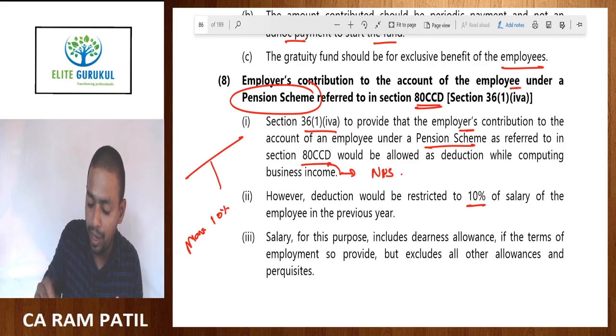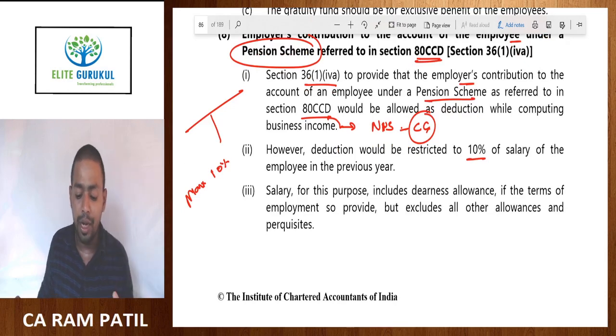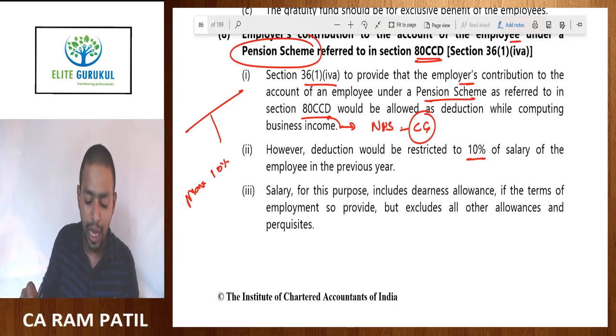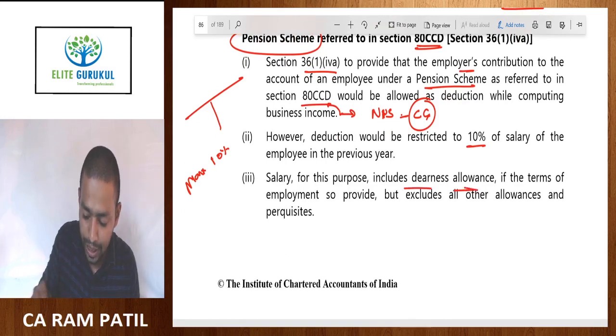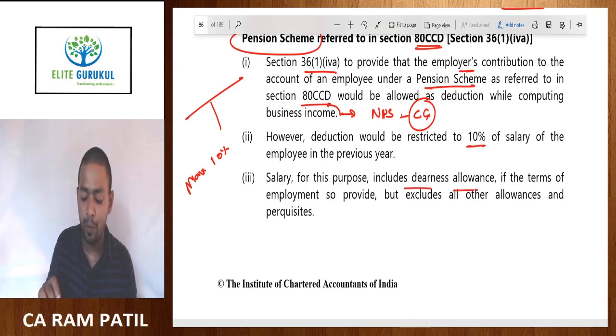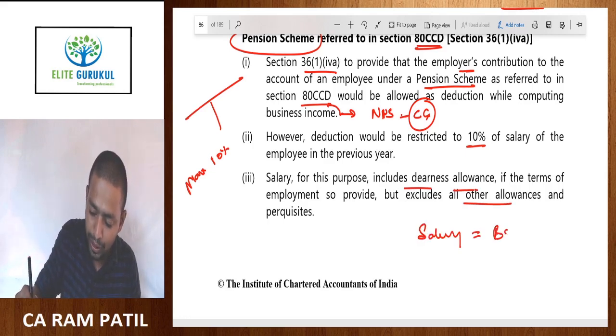It's a central government pension scheme for employees. However, deduction would be restricted to 10% of salary of the employee in the previous year, and salary for this purpose includes dearness allowance if terms of employment so provide, but excludes all other allowances and perquisites. So what do you mean by salary here? Salary is equal to basic salary plus DA in terms.